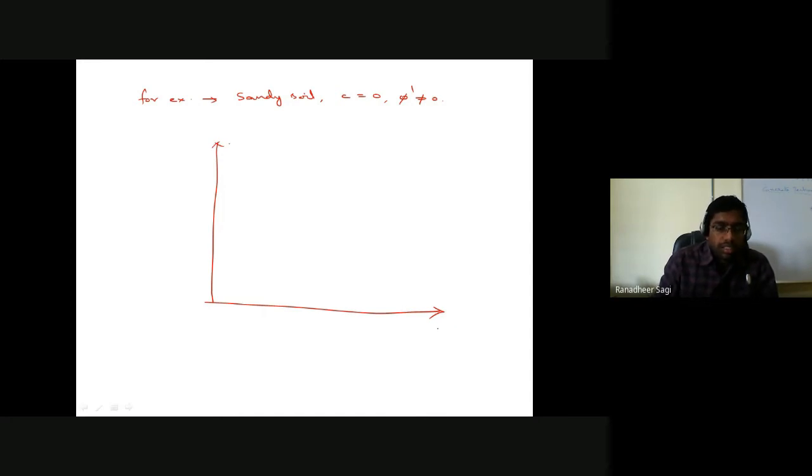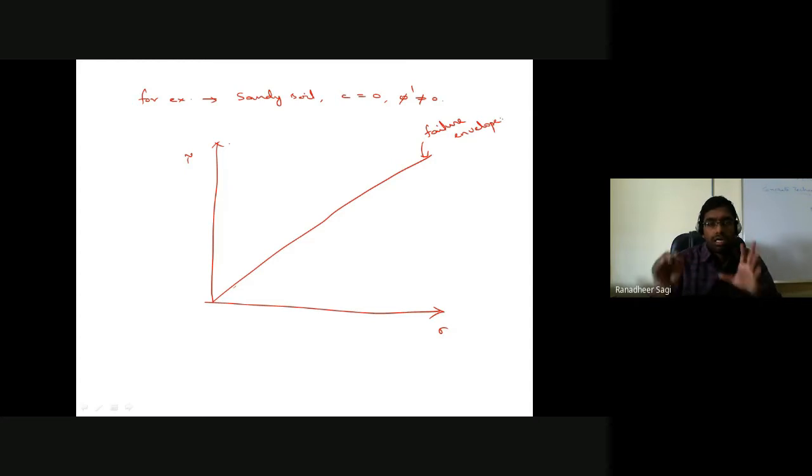This axis indicates the normal stress, and this axis indicates the shear stress. As the C value is 0 for that soil, only phi exists. This is what I am calling the failure envelope for that particular soil. Let's say for the soil I am talking about in this retaining structure case, I know the C-phi parameters.